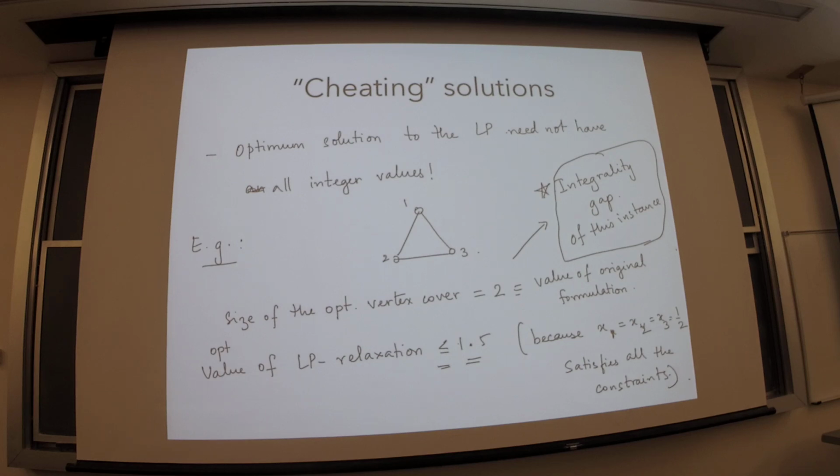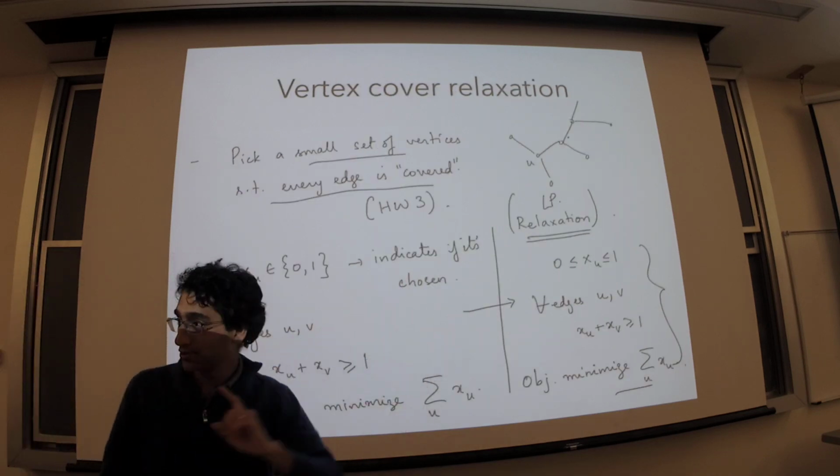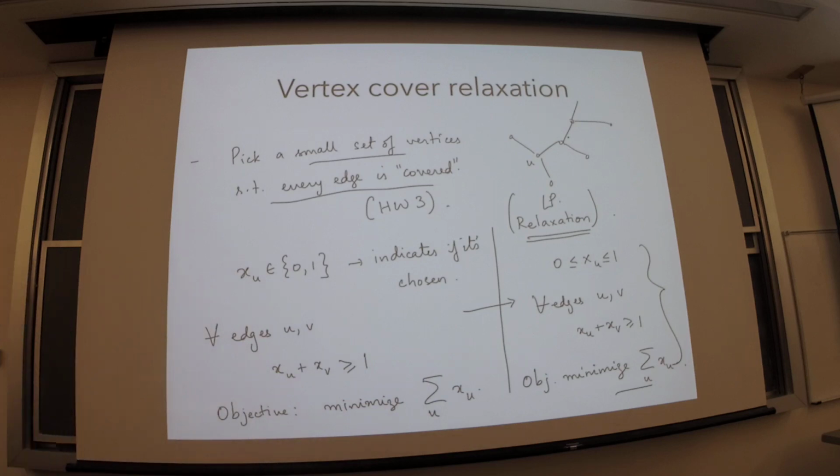But remember, you have this optimization problem, and I gave you one solution to it, which is all 0.5. There could, in principle, be a better solution. So that's the reason I wrote that it is less than or equal to 1.5, because we didn't necessarily minimize it. You just came up with one solution where the value was 1.5.